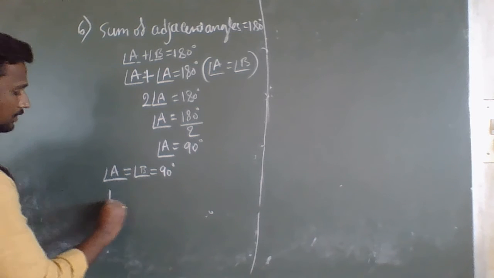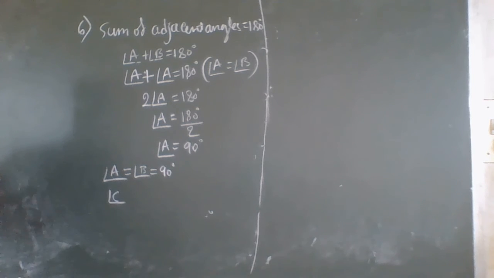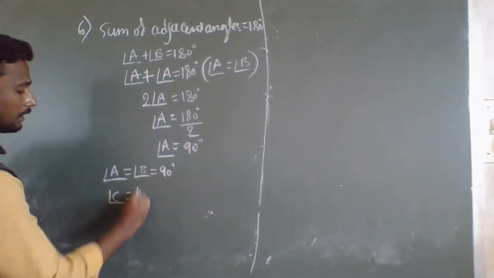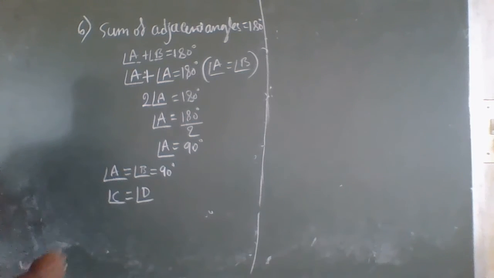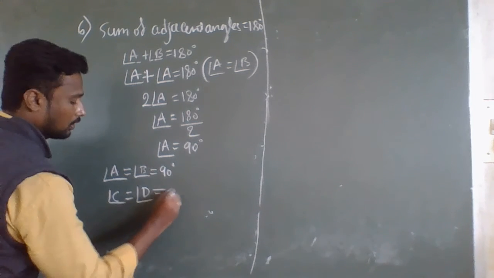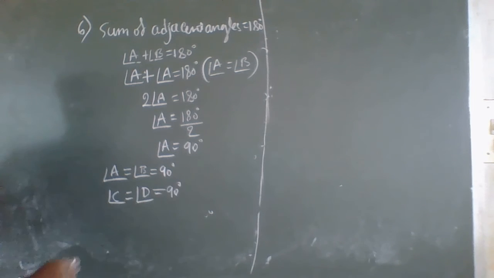If angle C is adjacent to angle A and angle D is adjacent to angle B, then these two angles should be 90 degrees only, because the sum of the adjacent angles should always be equal to 180 degrees. Therefore, all the angles are equal to 90 degrees only.